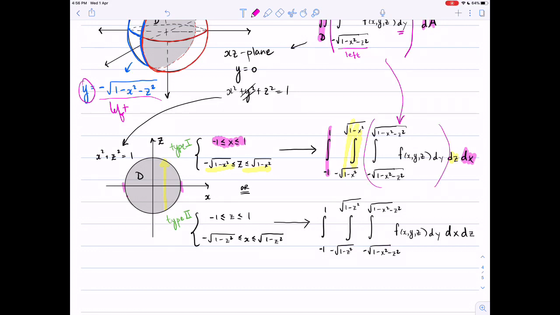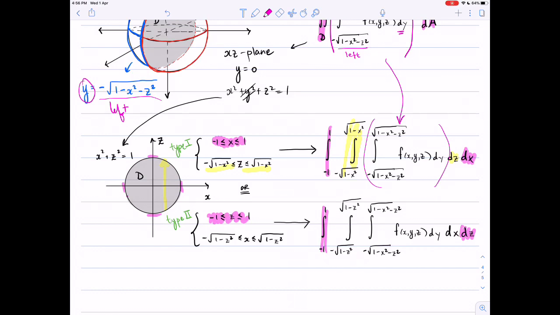The other way, as a type 2 integral, z goes from -1 to 1. There is the z integral here now with respect to z.